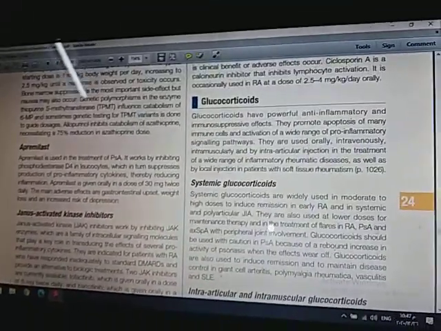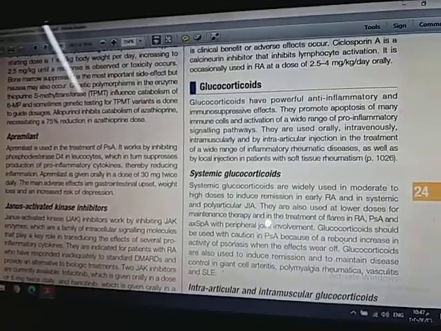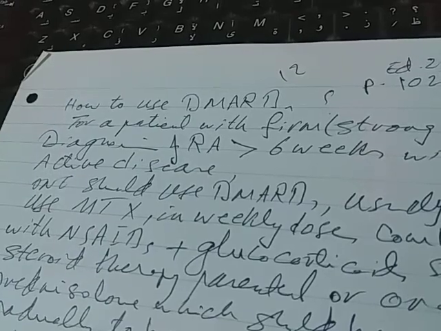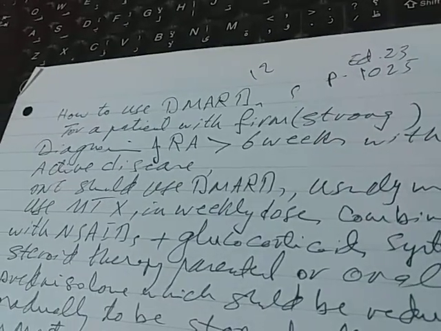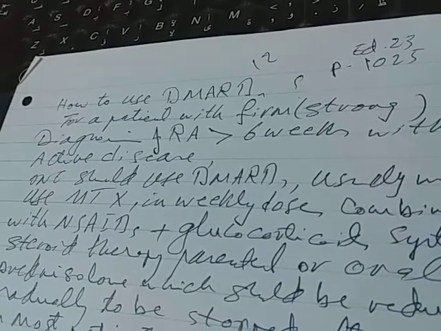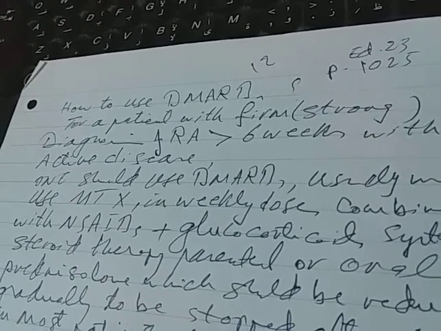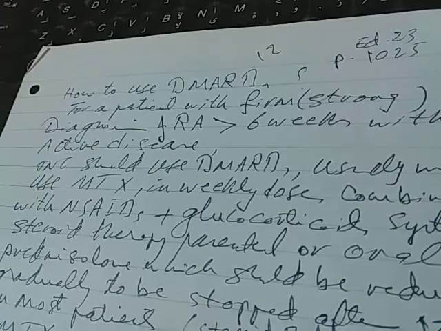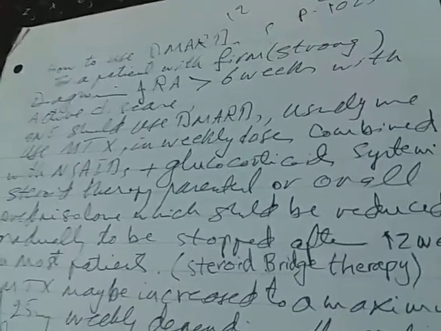Now, how to use disease-modifying antirheumatic drugs. For patients with a firm, strong diagnosis of RA for more than 6 weeks with active disease, one should use disease-modifying antirheumatic drugs.